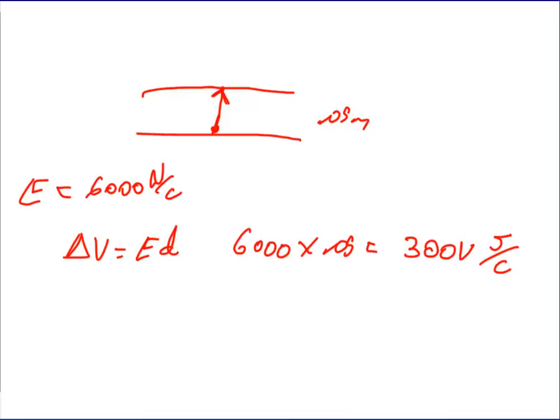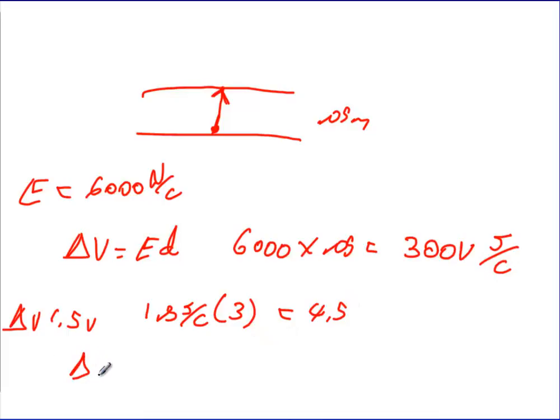How much work is done when 3 coulombs is moved through an electric potential difference of 1.5 volts? If I've got an electric potential difference of 1.5 volts, that tells me it takes 1.5 joules of energy to move every coulomb of charge, and I want to move 3 coulombs of charge, so I just take this times 3 and I get 4.5. Now what equation am I actually using for that?